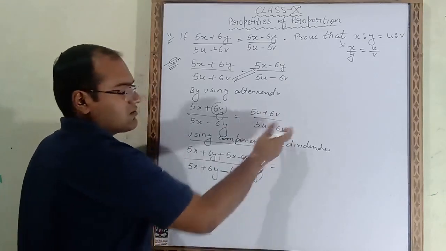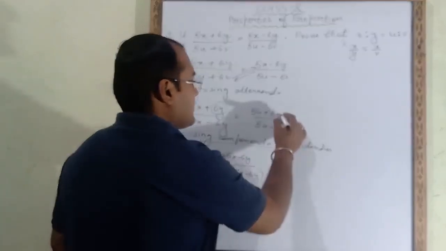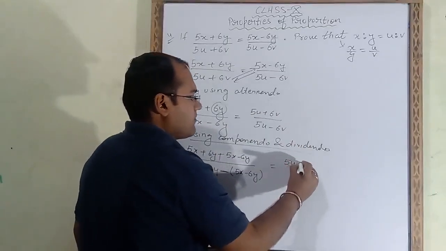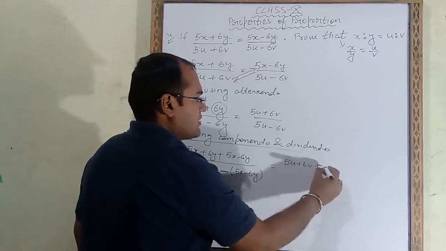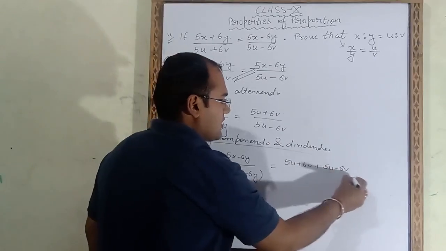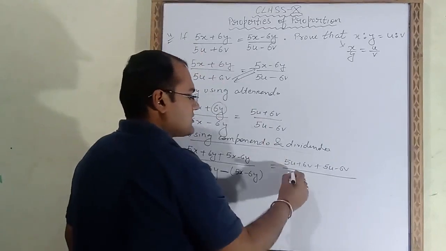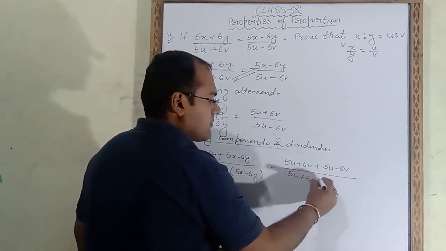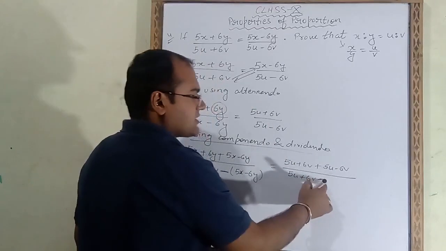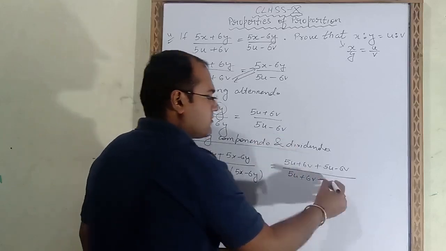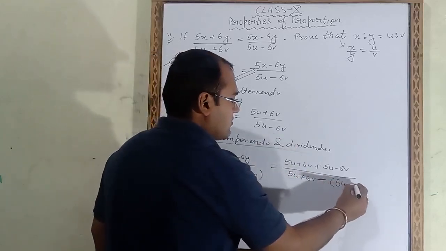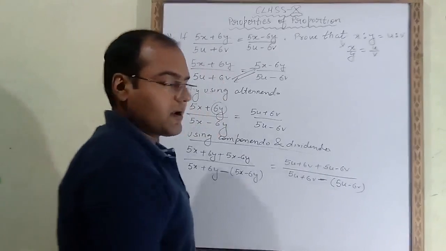In the same way we will use here on the right side also. Numerator 5u plus 6v plus denominator 5u minus 6v upon, in the denominator we have to subtract these two, 5u plus 6v minus, with this minus sign we have to change the sign of these two denominators. So we have to write in bracket 5u minus. Now we will open the bracket.